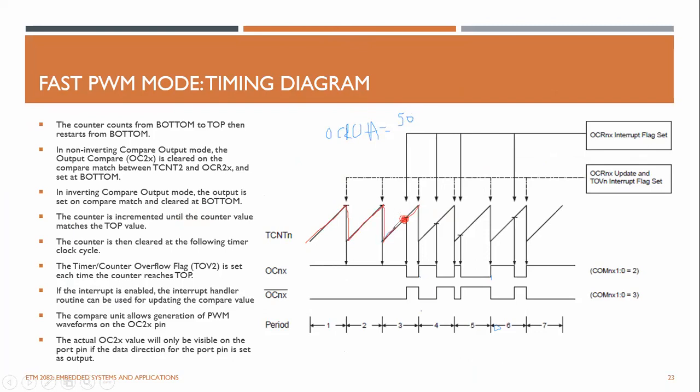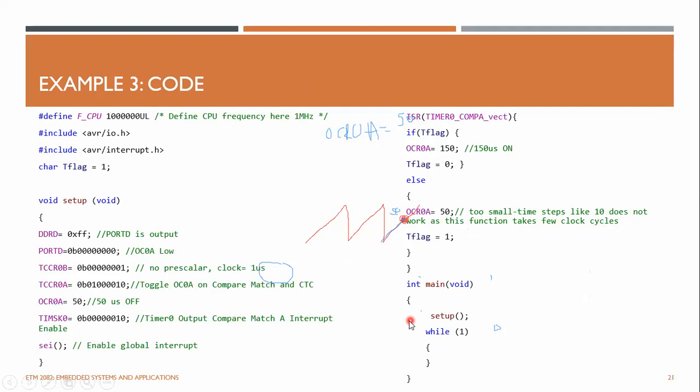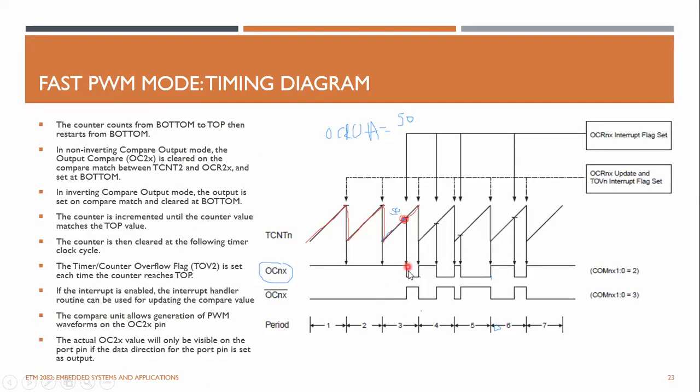So when the timer reaches this point, 50, there's a pin for getting this PWM output, the OC0A pin. This one, right? So that pin will be cleared, which means its output will be set to low.